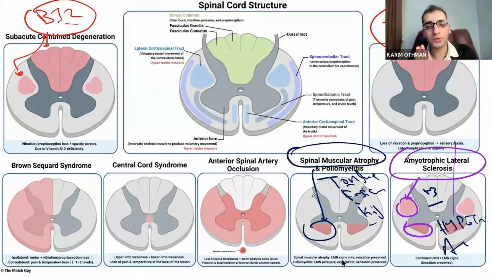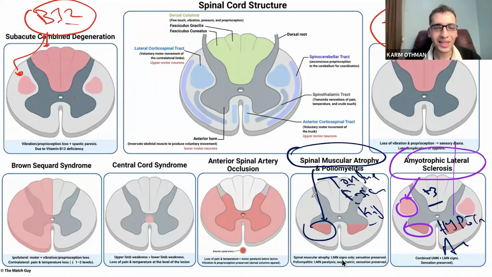Some students tell me I always confuse spinal muscular atrophy with amyotrophic lateral sclerosis. ALS affects adults, guys, and it's mixed. Spinal muscular atrophy will usually affect children, and it will cause a floppy baby, and tongue fasciculations, only lower motor neurons. So one of them affects kids, the other affects adults.